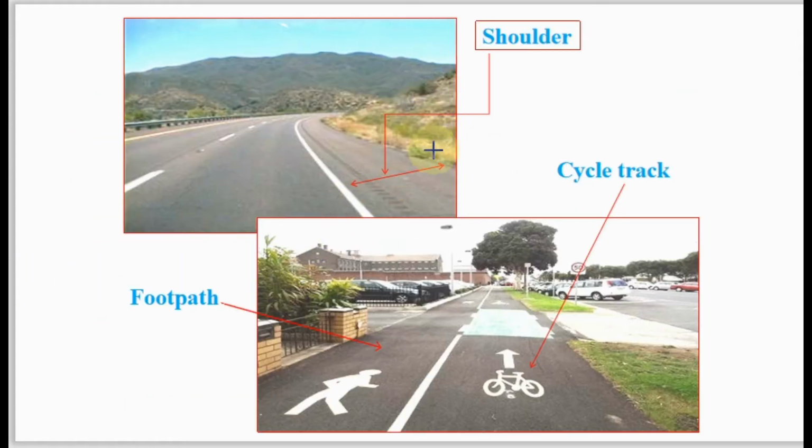As you can see from this figure, there is the provision of the shoulder which the vehicle can use in case of any mechanical problem, and in case of traffic congestion, it can be used as an extra lane for vehicles to move.